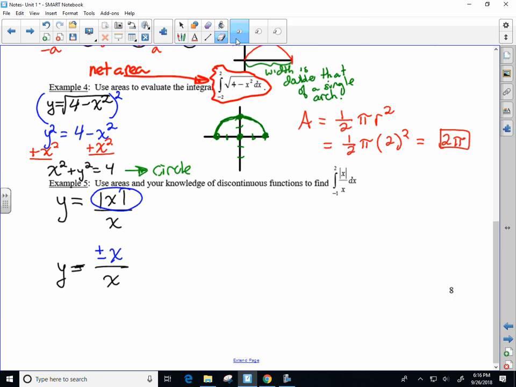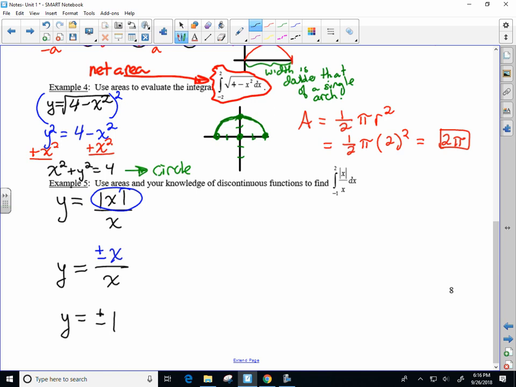Now, I'm not limiting your use of the calculator as a support tool, so you can take a look at the graph in its original form if you want. I'm just assuming you want to at least get a sense of the underlying structure. So this would reduce down to y equals plus or minus 1. We're looking at 2 lines, y equals 1, y equals negative 1.